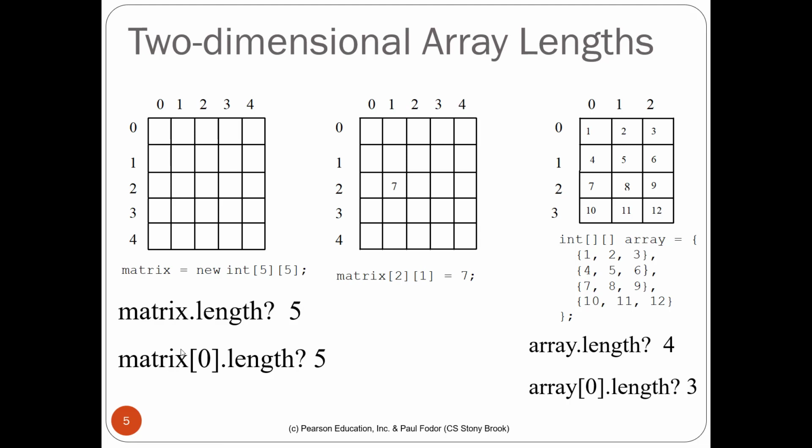But here we are dealing with two-dimensional arrays, so it has two dimensions. It has a number of rows and a number of columns. So how should I find out the number of rows in my array? When you say matrix.length, this length will always return the number of rows that you have in your two-dimensional array. Okay, only the number of rows.